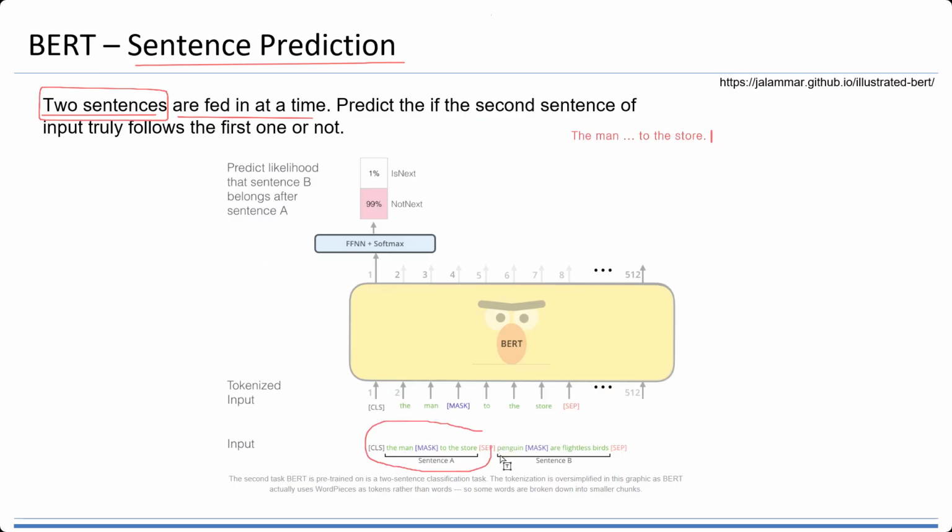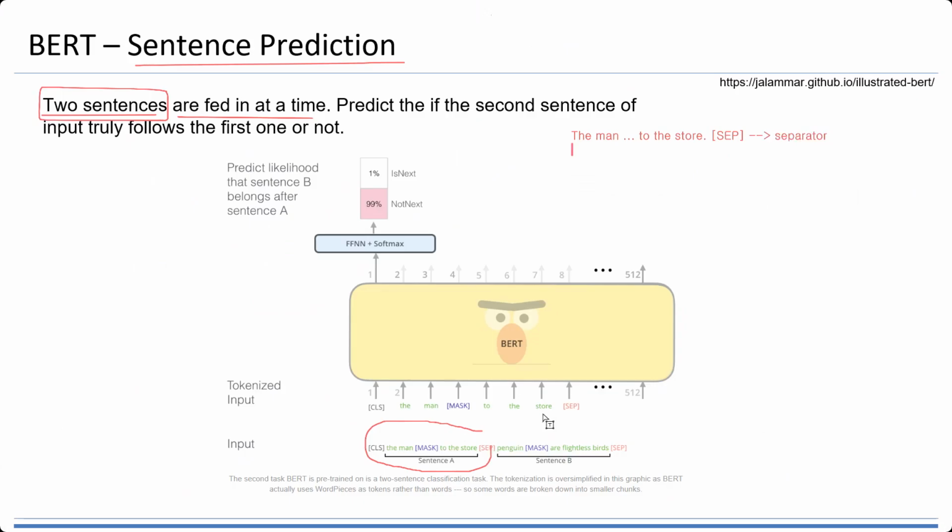Okay, what is SEP? On Tuesday, we learned about this. The SEP means the separator. Every sentence will finish by a dot, and then it will continue with a new sentence.